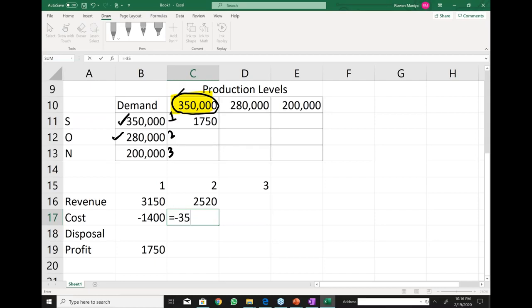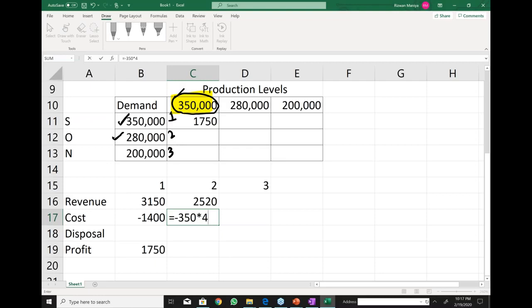Why? Because the decision to produce will be taken before you get to know what the demand is. This is what decision making is. You have to decide first. This is what risk and uncertainty means.